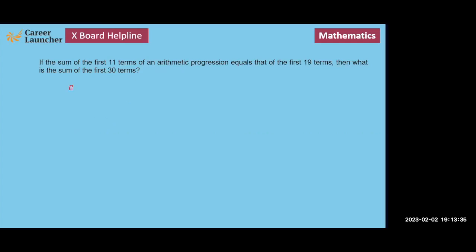So we are saying that A1, A2, A3 till A11, whatever the sum is, if the sum is S, we are saying that this sum is exactly the same as A12, A13 till A19.